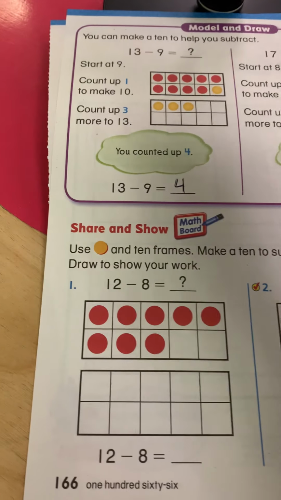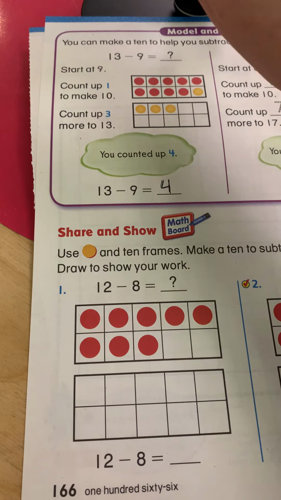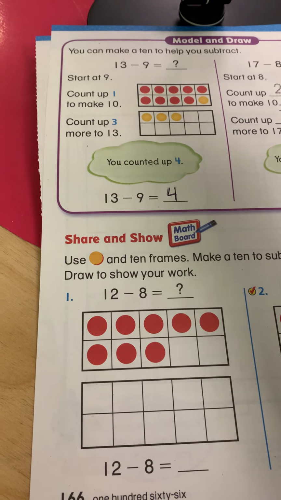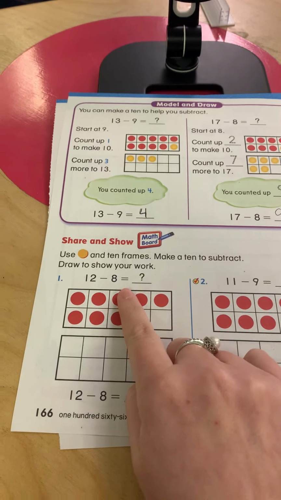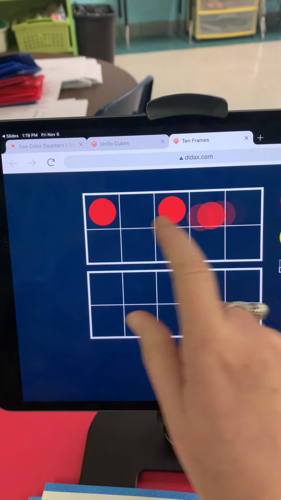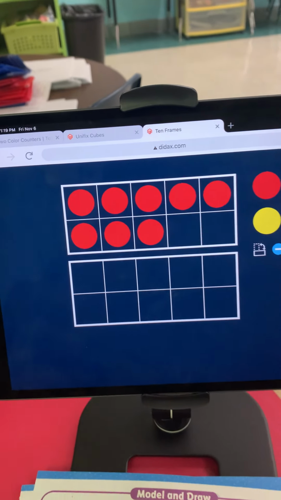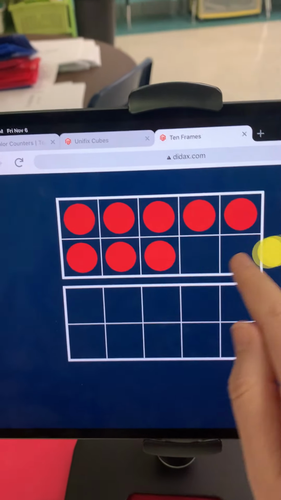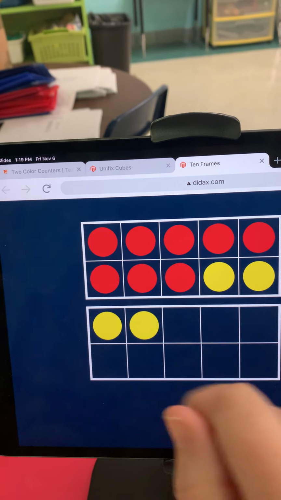Okay, so let me clear my 10 frame real quick. Then remember, we have to draw it too. Okay, so we have 12 minus 8. So we have 8 in our 10 frame because that's our smallest number. Okay, and then we're counting up to 12. 8, 9, 10, 11, 12.